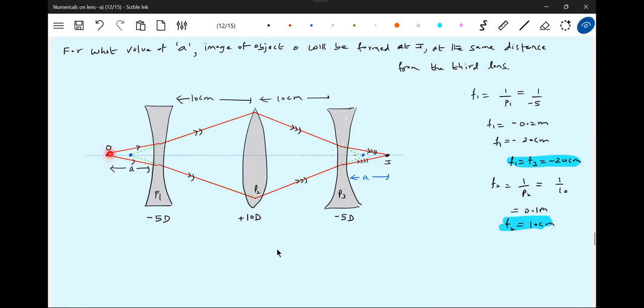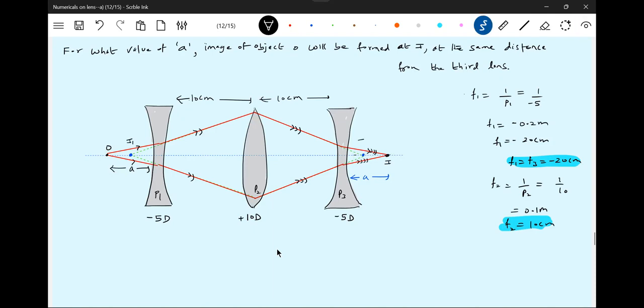The object is at a distance and will form the image here, say I1. That I1 will become the object for this lens, and again it should form the image. So here for object O, we'll get this image.